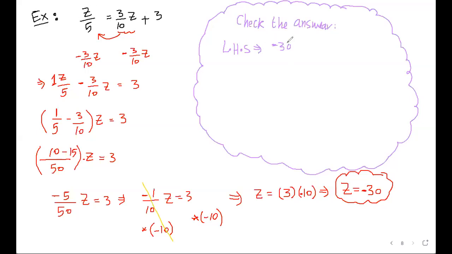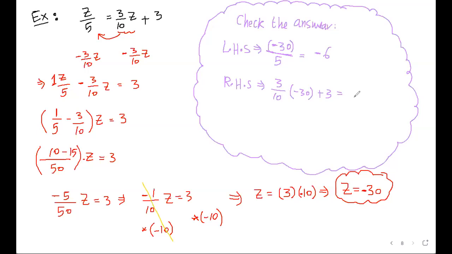Negative 30 over what? Over 5. What's the answer? Negative 6. Right hand side: 3 over 10 times negative 30 plus 3.